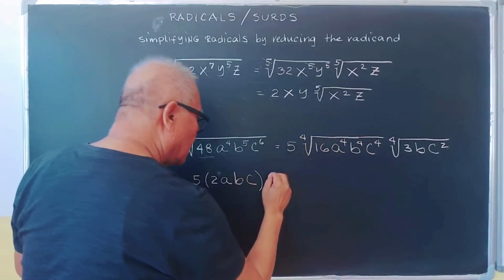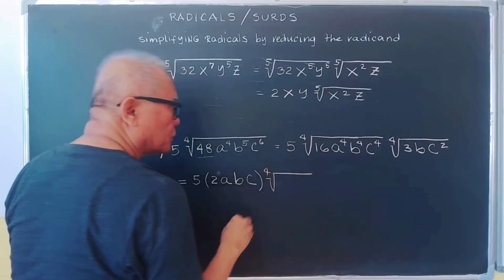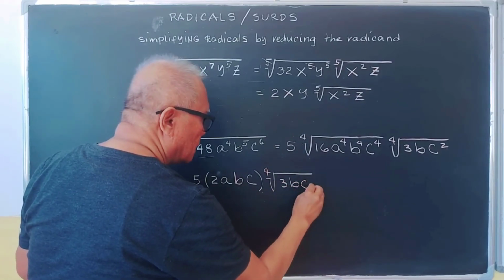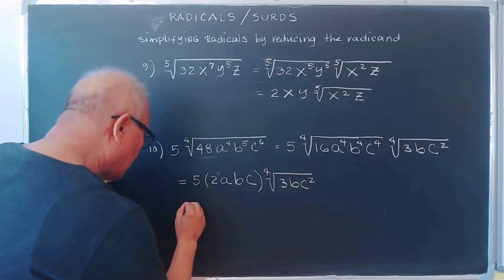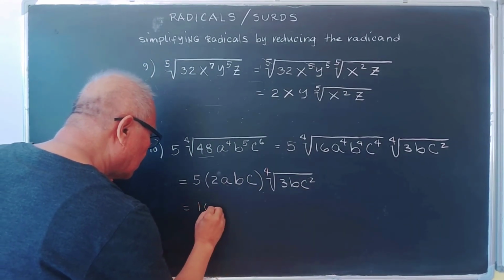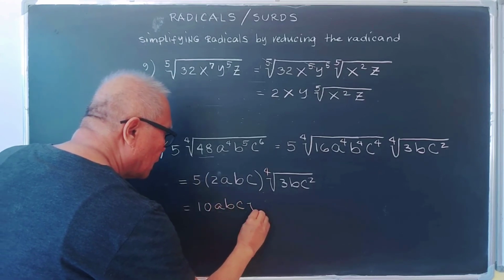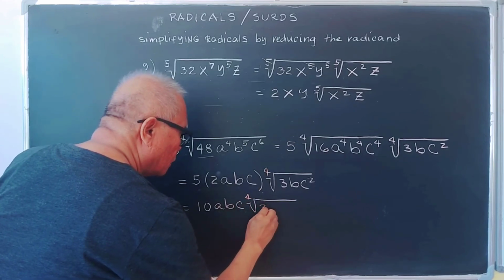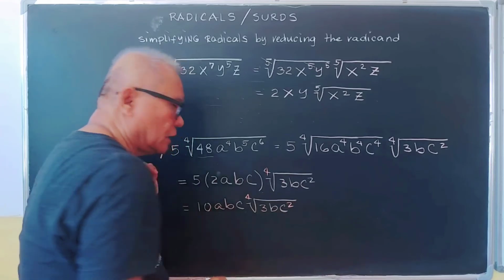And then just write that 4th root there. 4th root of 3b c squared. And then finally multiply this one. Then a, b, c, and then we have 4th root of 3b c squared.